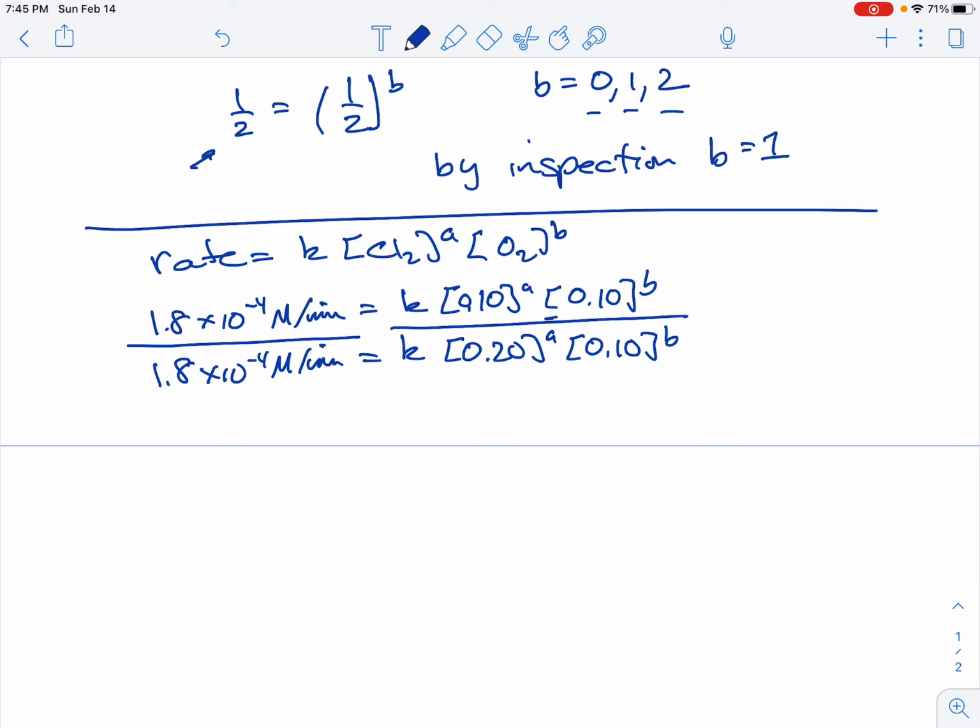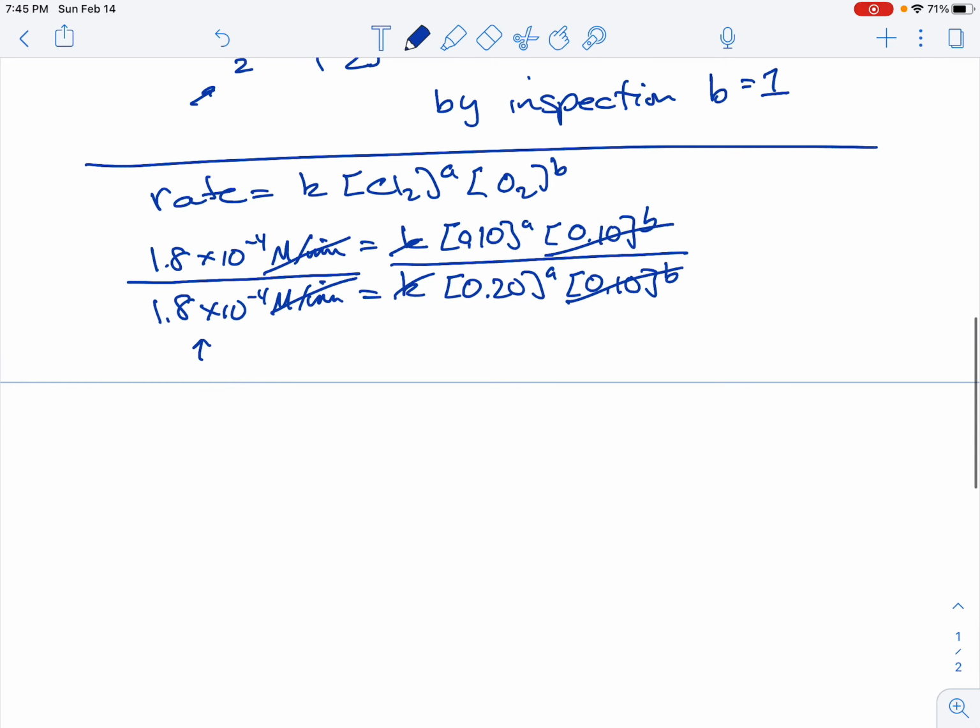Notice that 0.1 to the B cancels, K cancels, molar per minute cancel, and oddly enough now we have 1.8 times 10 to the minus 4 over 1.8 times 10 to the minus 4. That's equal to 1. So we have 1 on the left-hand side, and that's equal to, and I'm going to skip over the little math trick I did earlier because I think you guys have probably got it by now. All right, so that's that.